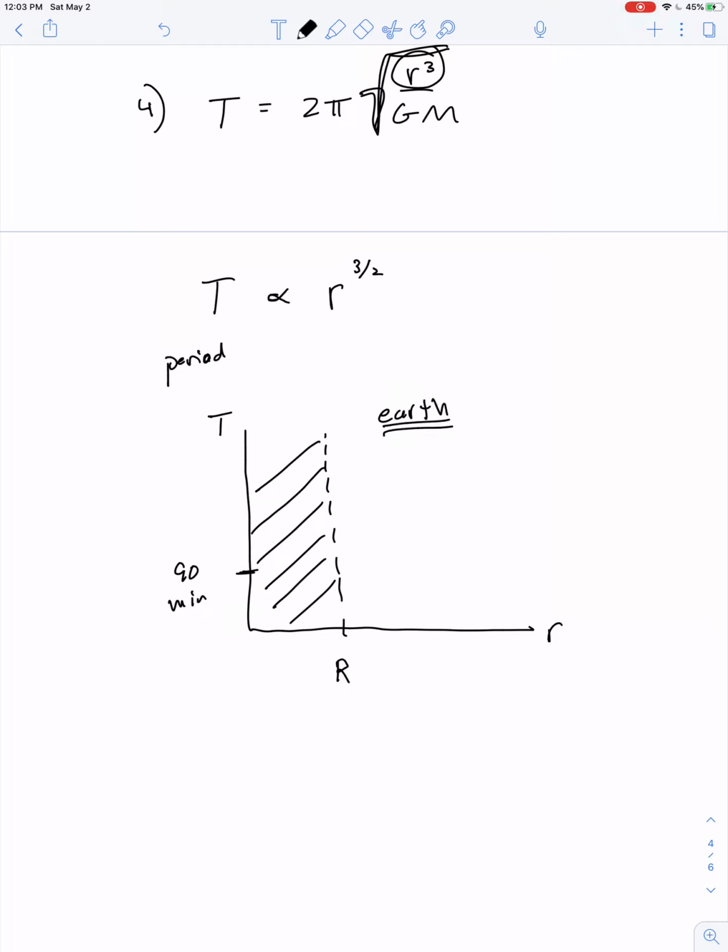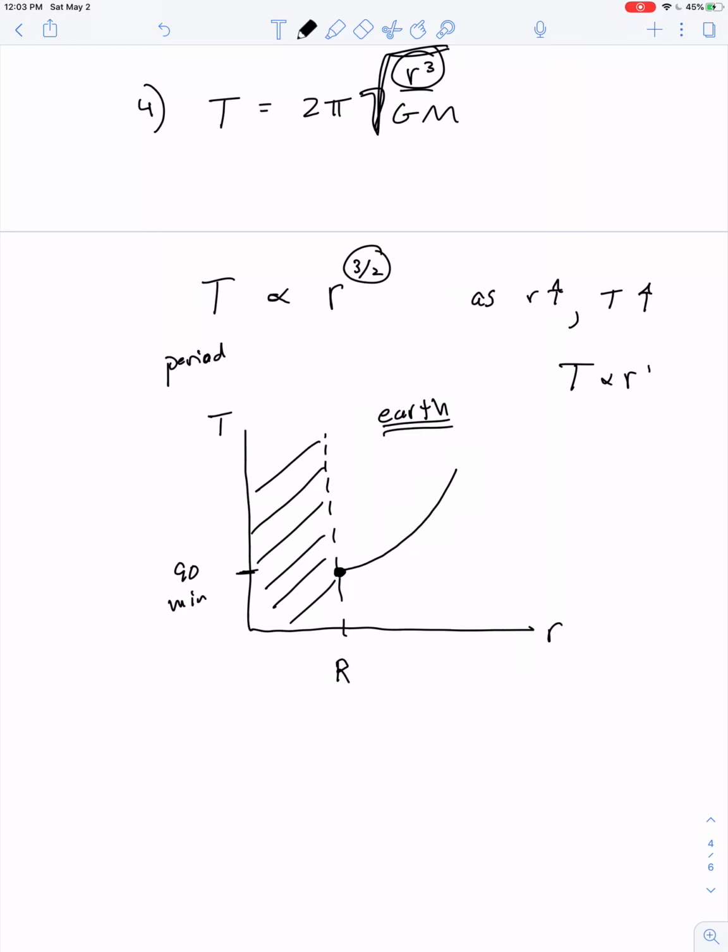Yeah, the smallest possible period is that of the treetop orbit. And from there, as r goes up, period also goes up, but it's not a 1-to-1 ratio, right? Period is not simply proportional to r to the first power, it's proportional to r to the 3/2. So this curve is concave up.